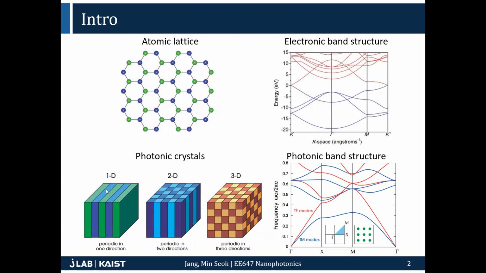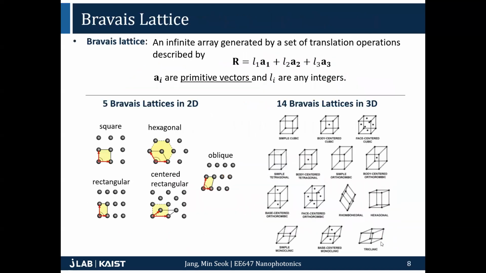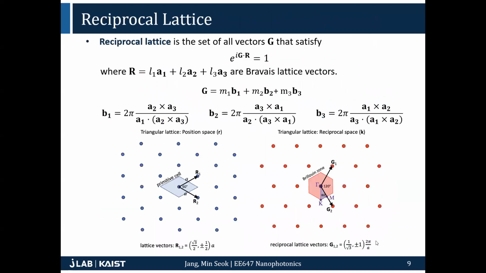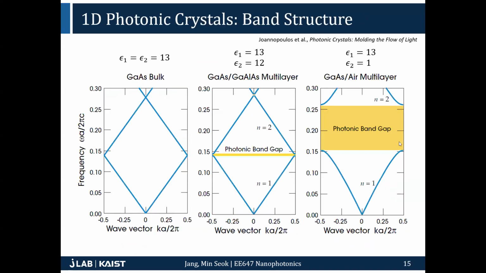So if you have a periodic variation of permittivity, then your electromagnetic wave must satisfy Bloch's theorem. And because of that, what is called band structure arises, like photonic band structure, like this, right?